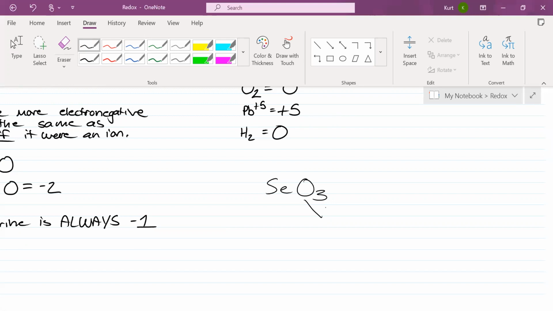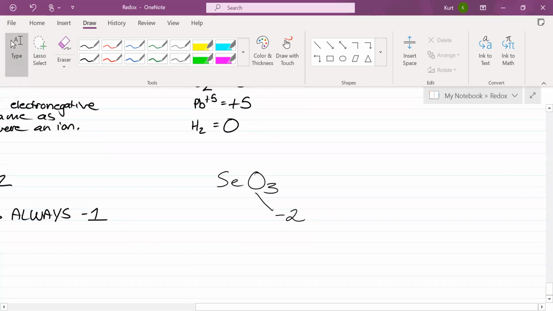The oxidation number of the more electronegative atom in a molecule would be what its charge would be. So what would the charge of oxygen be? You have a periodic table on your desk. Everybody does. Somebody took it then. Yes, -2. Okay, let's go to the next one.